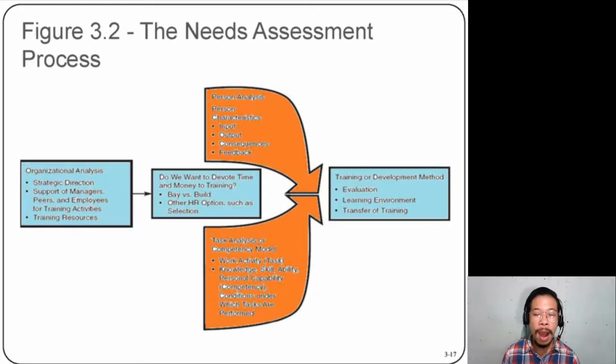So we know we'll be evaluating if the training is effective or not. We will be tackling if the learning environment or the learning space is conducive enough so that learning will successfully transfer to the people, and what learning theories are we going to utilize here.